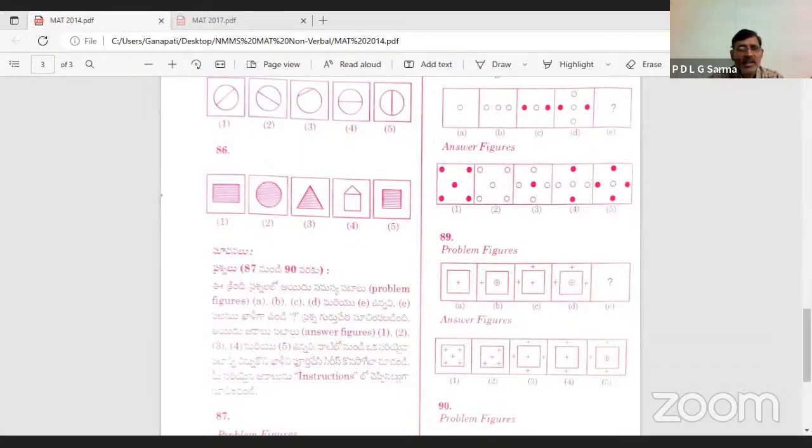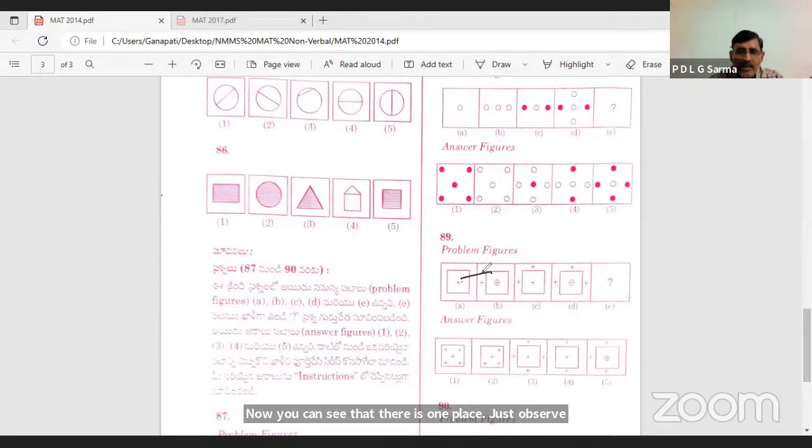What do you notice? Just observe the symbol inside. Here it is circled, again not circled, again circled, and again not circled.